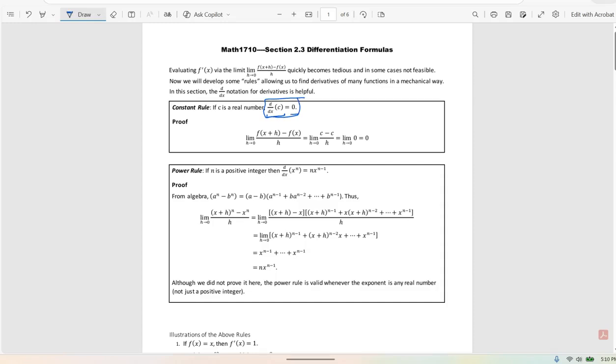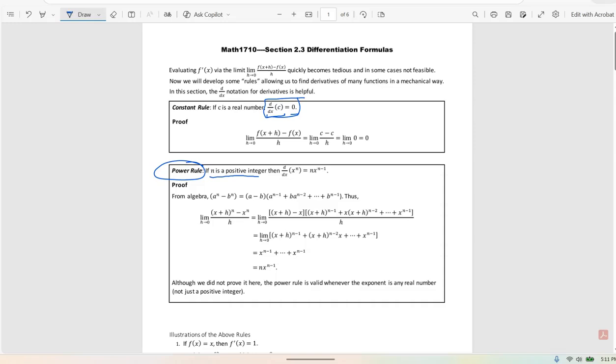The next one you need to learn here is, if n is a positive integer, then the derivative of x to the power n. x is a variable, n is the constant positive integer. Then its derivative is n comes down times x to the power n reduced by 1. This is called the power rule.